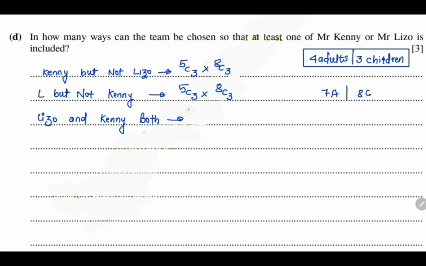Now we have to select 2 more out of 5. So 5C2 into, again we have to select 3 children, so 8C3 ways. Adding all these possibilities will give you your answer. I hope you have understood the concept behind this. Let's move to the next question.